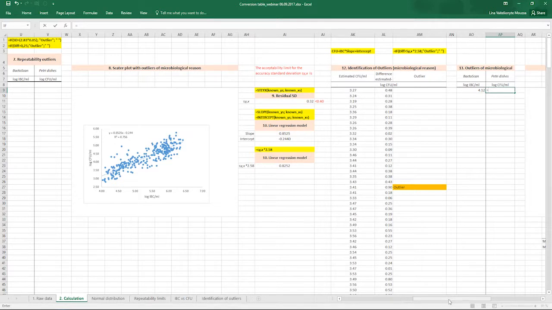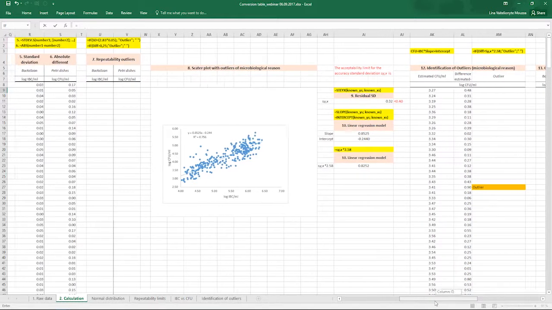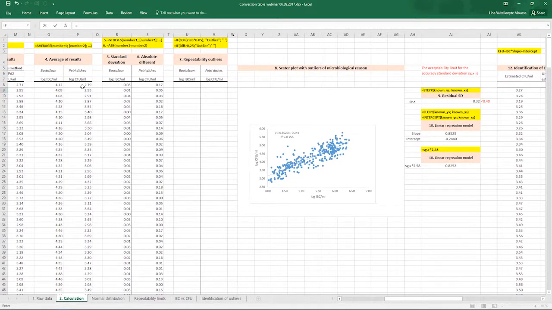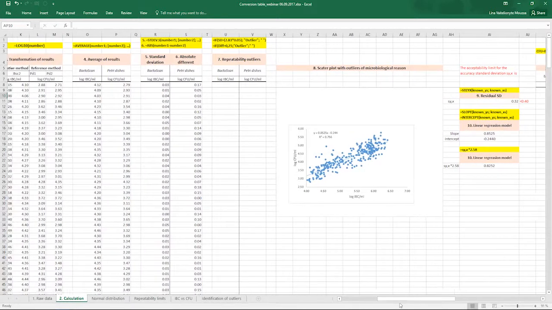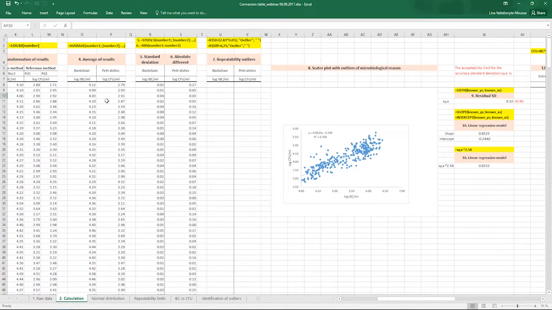I'm just transferring this data here to make it easy to see and to understand what is going on. So basically what we have in columns AO and AP is the same as what we have in columns O and P.